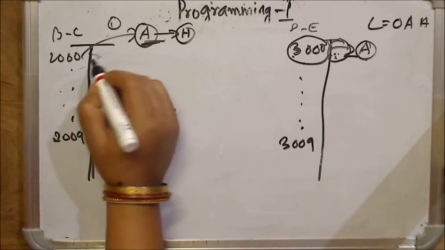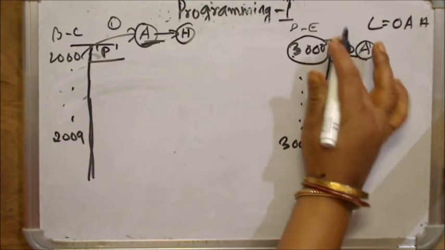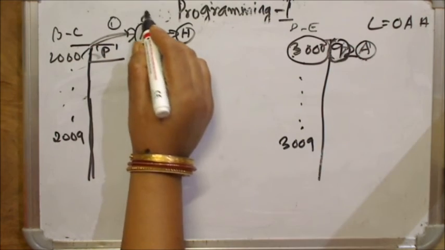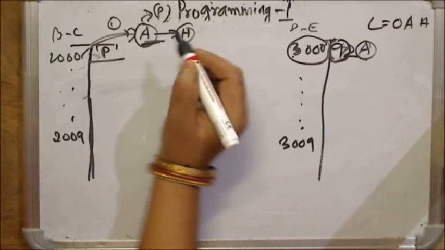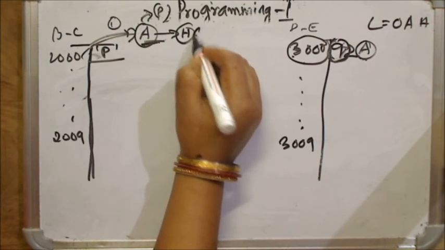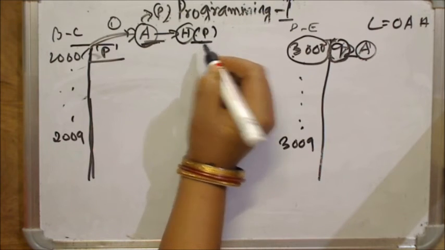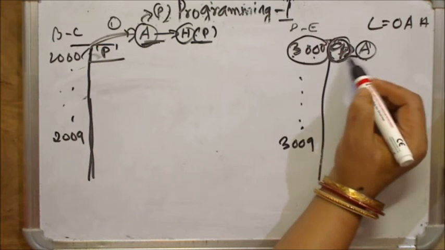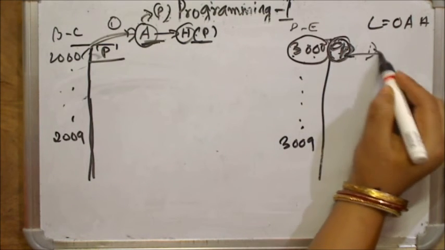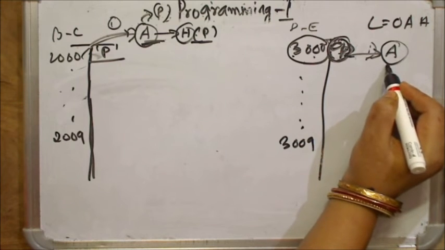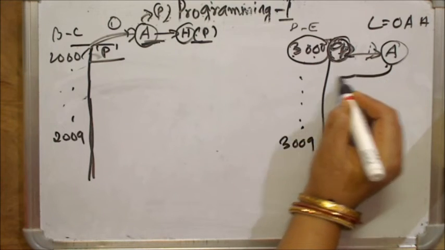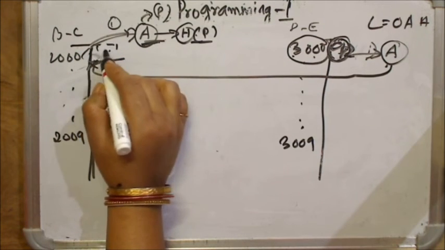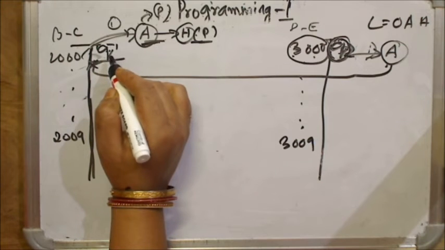Suppose here we have the data P, and here we have the data Q. In the first step, A was holding the data P. Then we moved it into H, so H is holding the data P. Then Q was stored in 3000, so we have taken the data Q into A. Then we transfer this data from A to memory location 2000, so P will be overwritten by Q.